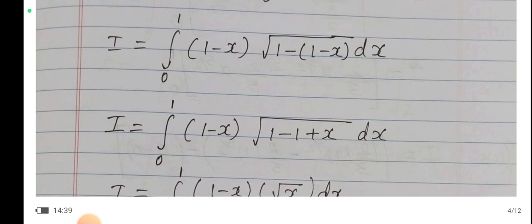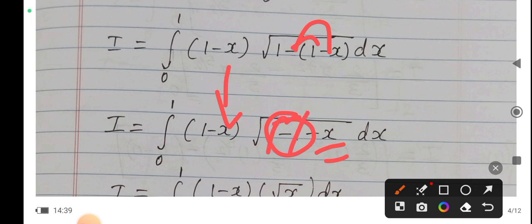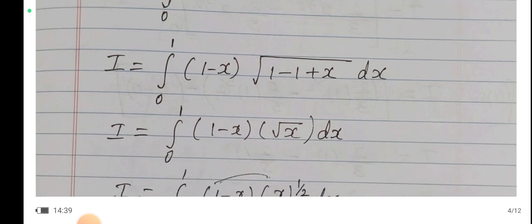Then 1 minus x, minus 1 minus into minus is plus x. So 1 minus x root over 1 minus 1 plus x. So that 1 minus 1 gets cancelled and will become 0, and you will get only root x alone.